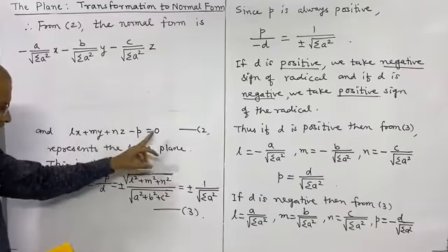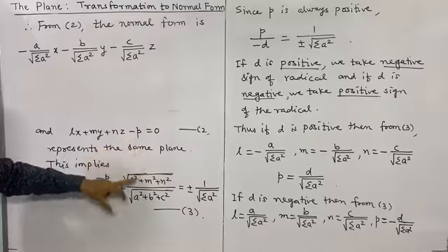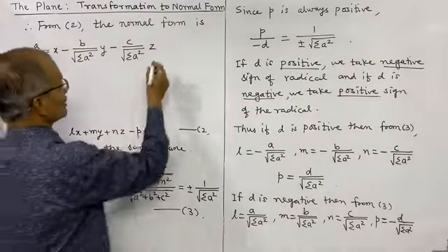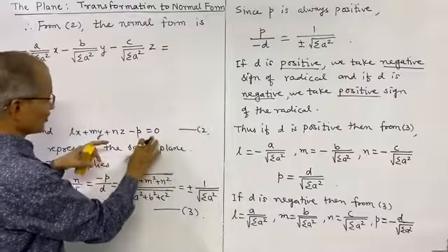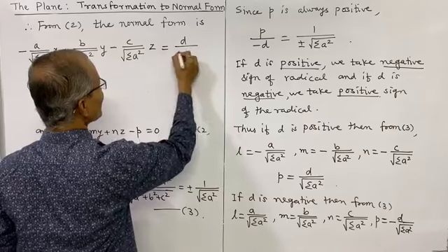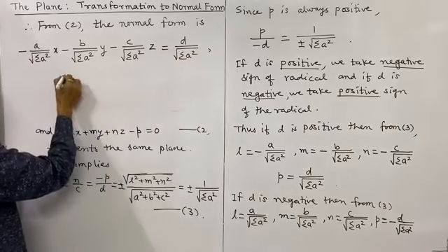In normal form we write this P on the right side, but for comparison we have written it on the left side to compare with the D. We will write it on the right side, and the value of P is D divided by the square root of summation A square. This is the case if D is positive.